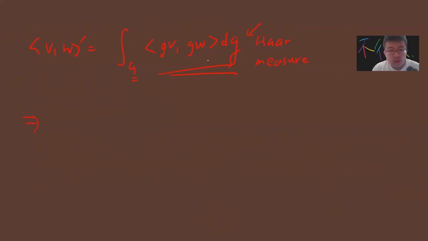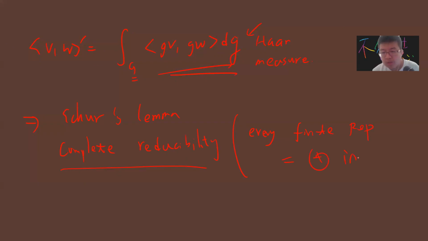Okay, since you have these inner products, you can prove Schur's lemma, and also what we proved in finite representation theory, which is complete reducibility. Complete reducibility says that every finite-dimensional representation is a direct sum of irreducible representations.